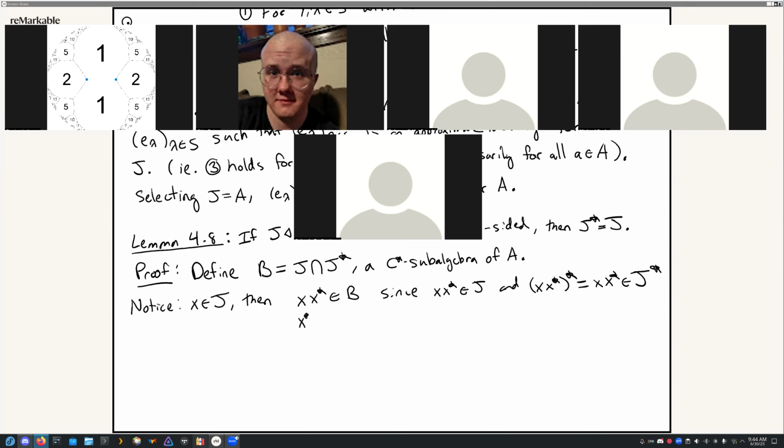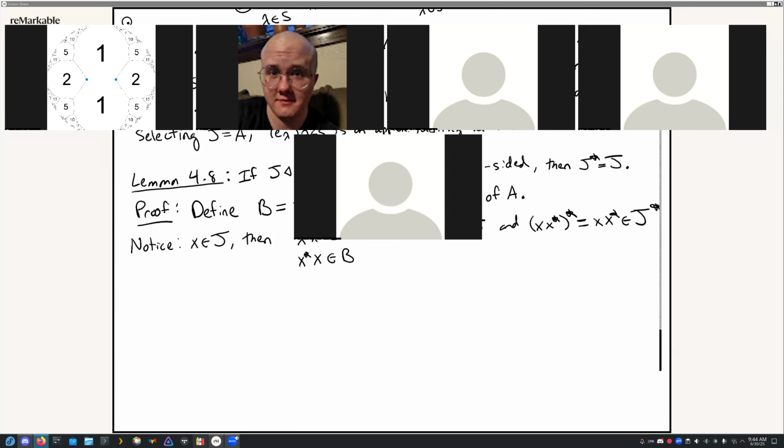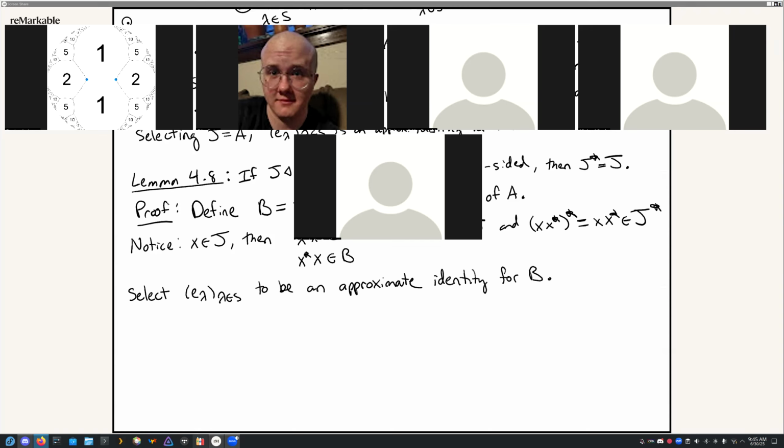Also, just by replacing x with its adjoint, x star x is in B. So now we'll select an approximate identity for B. Then, for example, x star minus x star E lambda still belongs to B because all of the constituents belong to B.